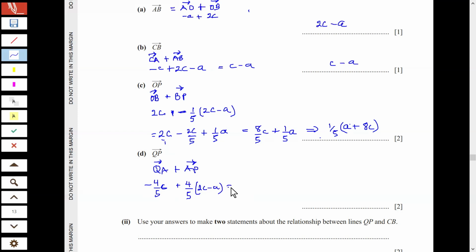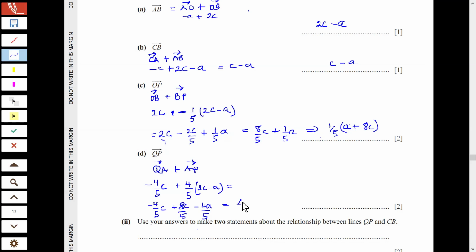We can simplify this by expanding the bracket. Here we have negative 4/5 C plus 8C over 5, then minus 4A over 5. To simplify further, negative 4C/5 plus 8C/5 gives us 4C/5.